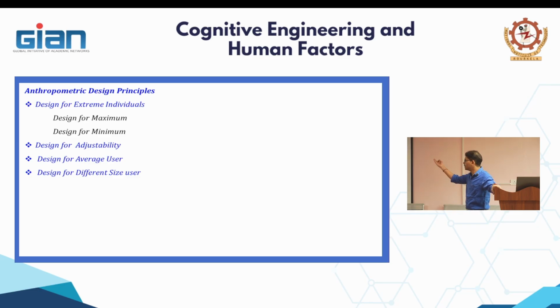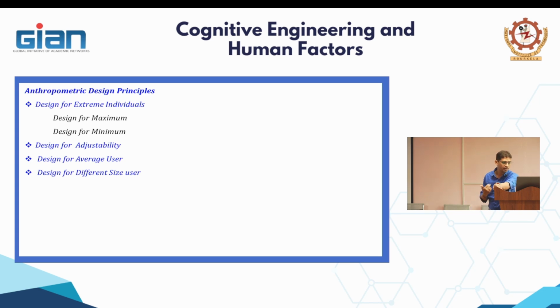So these are some anthropometric design parameters, or principles, based on which we are designing. The first design principle is design for extreme individuals. In design for extreme individuals there are two parameters, design for maximum and design for minimum.